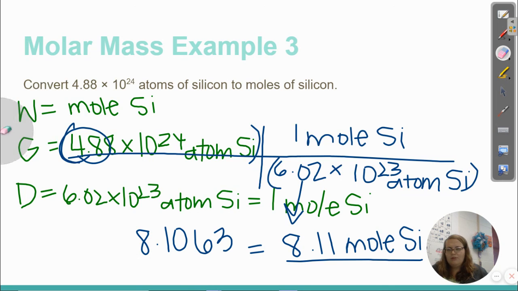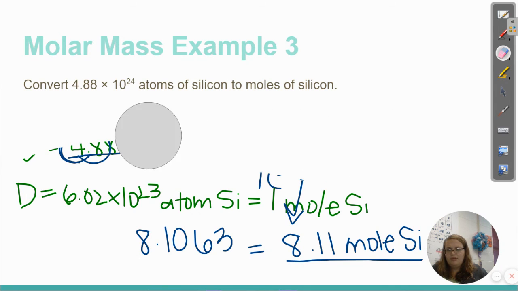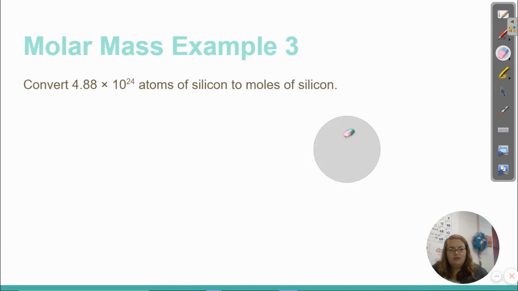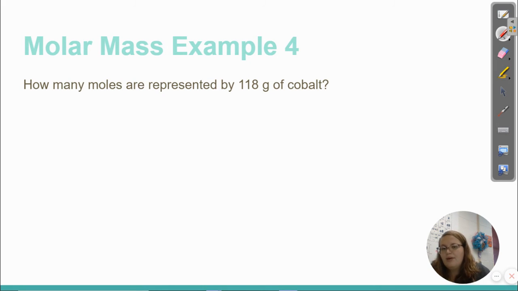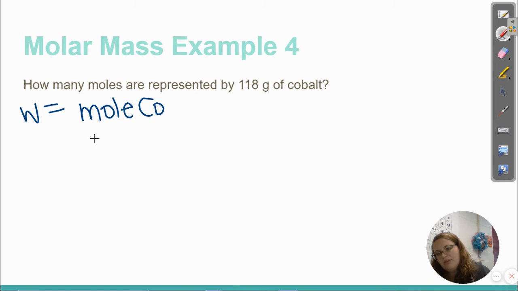And I think I have one more example, but that could have been my last one. Let me check really quick. I do, okay. And this last one, it wants to know how many moles are represented by 118 grams of cobalt. So wanted is moles cobalt. Given is 118 grams cobalt.